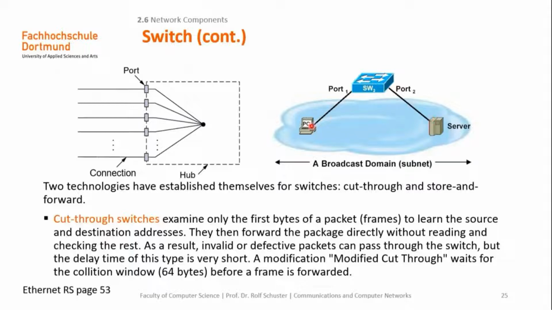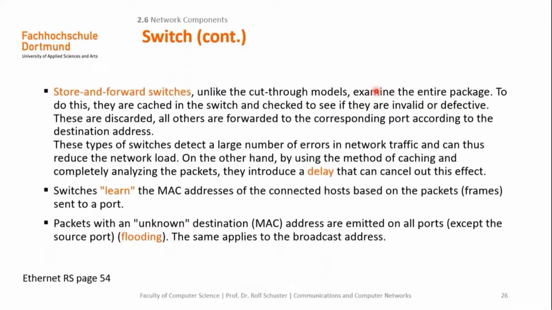For instance, this could be a segment working at 100 megabit per second, and this could be a segment that works at, for instance, 10 gigabit per second. And this is possible because the LAN switch in that case performs a function called store and forward.